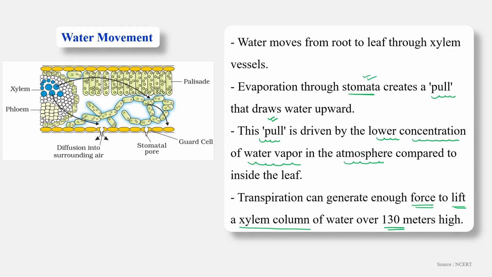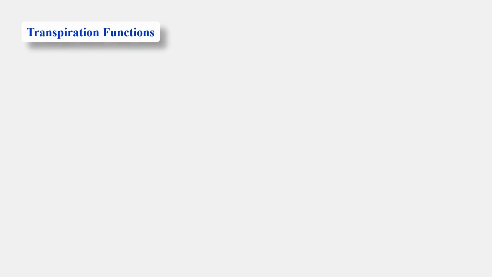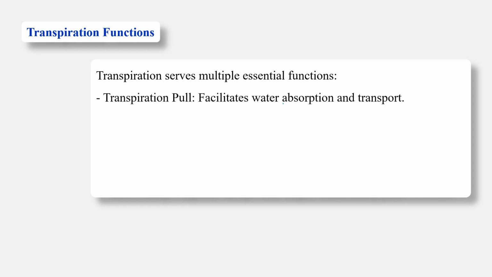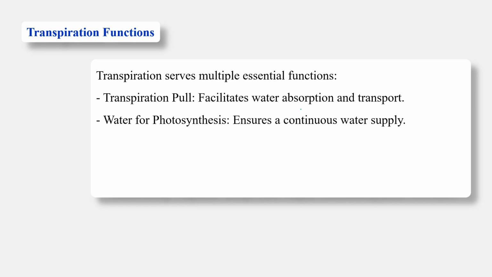Already we have discussed that 99% of water is lost through transpiration. Why? Because of the stomata opening, and because of this it creates a kind of pull through which water moves from the root to the tip of the plant. Clear? So, transpiration function. Transpiration serves multiple essential functions like transpiration pull. It facilitates water absorption and transportation.